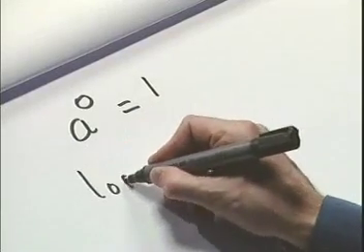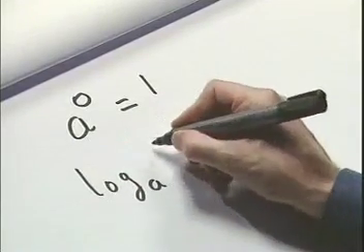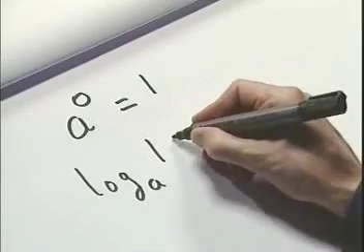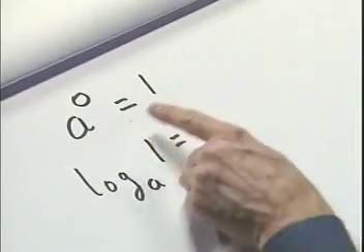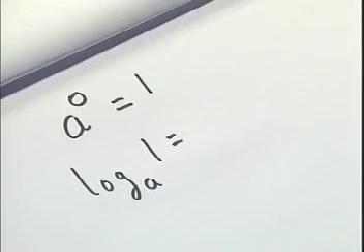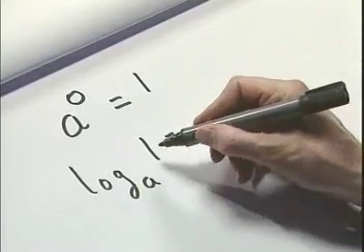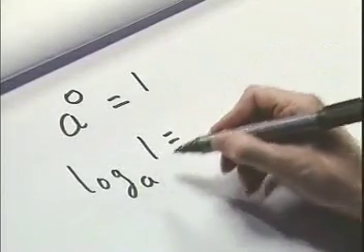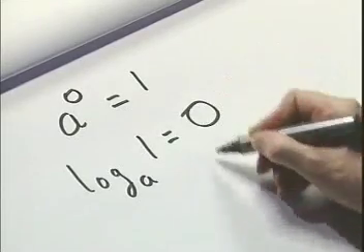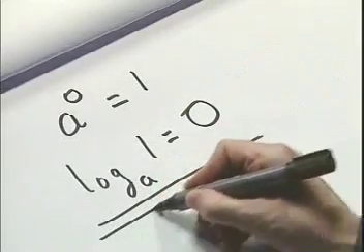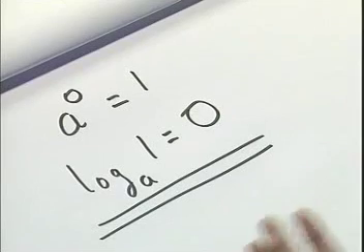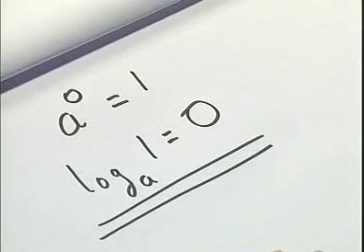Well, what does that mean about the log to base a of 1? Well, since we can write 1 as a to the power 0, that means that the log of 1 to base a must be 0. And so the log of 1 in any base is 0.